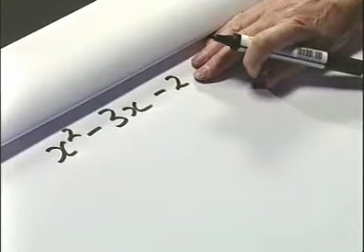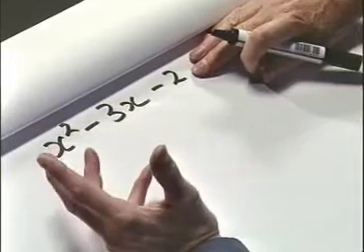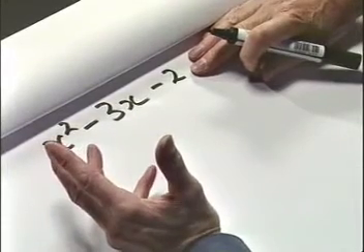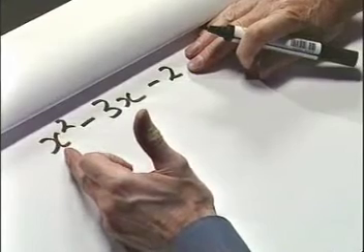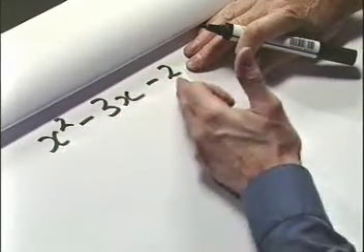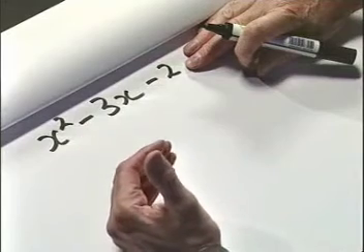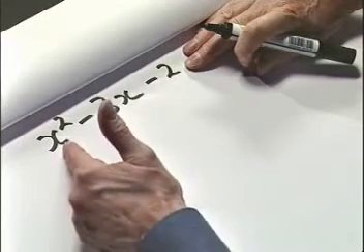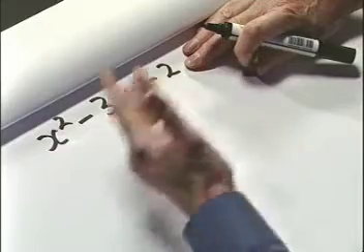Now, one of the things is that if we put in, say, a value of x equals, let's say something like 1, then we've got 1 minus 3 minus 2. It's clearly negative. If I put in a value, let's say something like 4, then I get 16 minus 12 minus 2. Well, that's positive, isn't it?